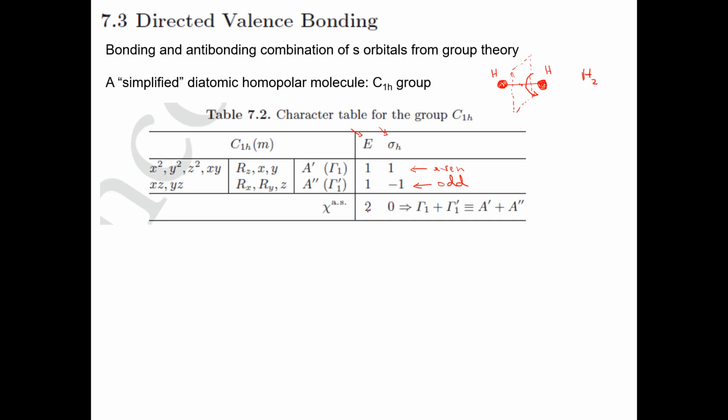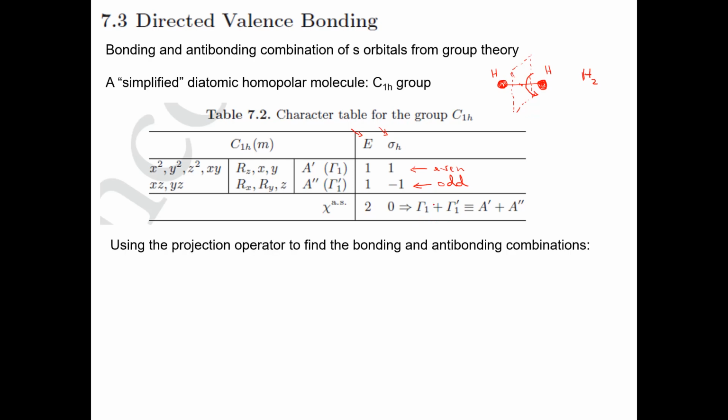And you can see immediately that this can be written as a sum of gamma 1 and gamma 1 prime. So this reducible representation is the sum of these two irreducible representations. All right.